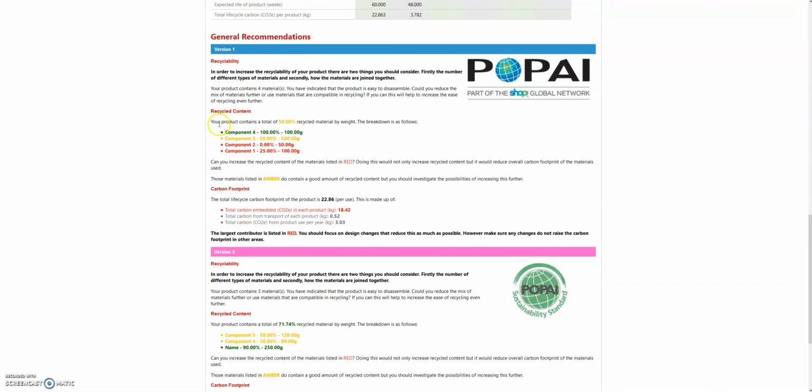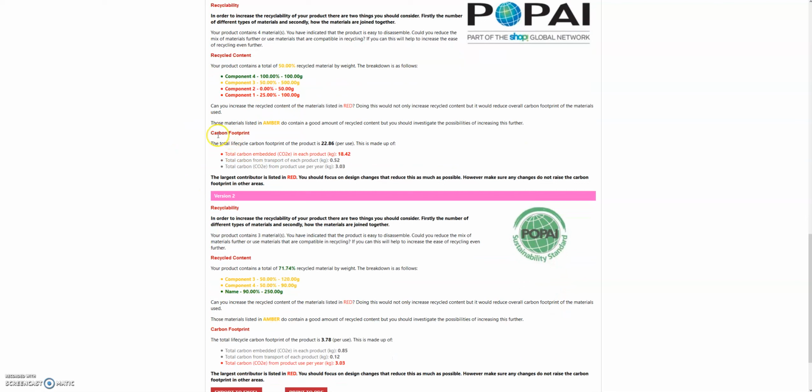Recycled content, overall version 1 contains 50% recycled material by weight. Most of that comes from component 4, but it highlights here components 1 and 2 only have a low recycled content. So again, could anything be done about that? Higher recycled content is slightly more sustainable, and possibly more circular, helps contribute to the circular economy.